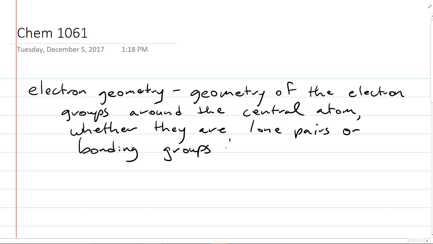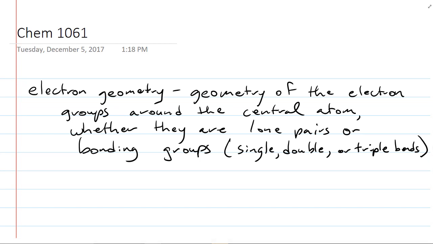And by bonding groups, we mean either single, double, or triple bonds. So again, the bonding group could be a single bond, it could be a double bond, it could be a triple bond.